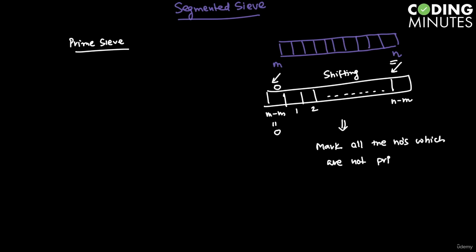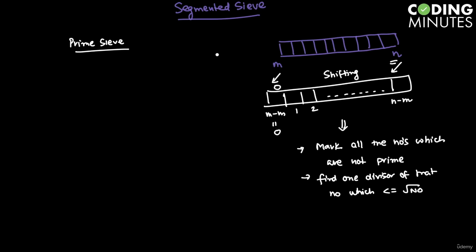And we have also learned that, in order to mark if a number is prime or not, what we generally do is find one divisor of that number which is less than or equal to root of that number. If you find at least one divisor of that number which is less than or equal to root n, we say the given number is not prime.